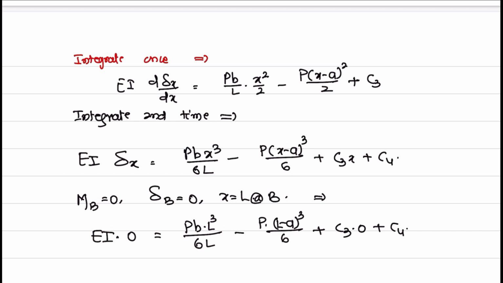PB into L cube by 6L minus P into L minus a whole cube by 6 plus C3 into L, the C4 term is 0, so it is C3 into L.